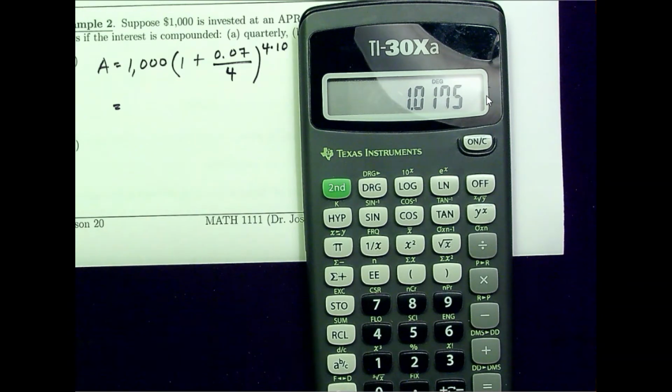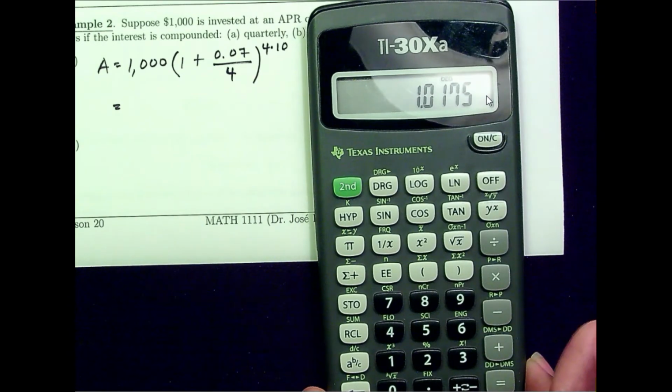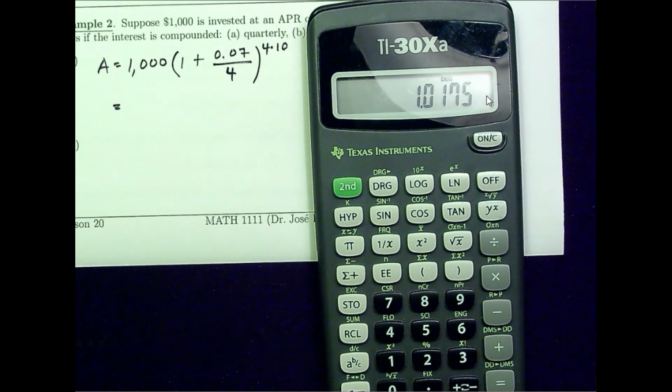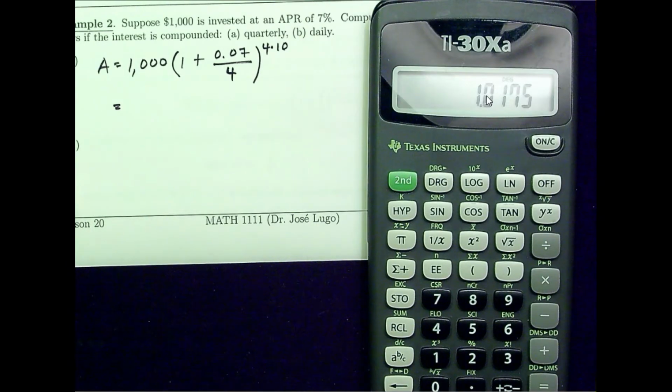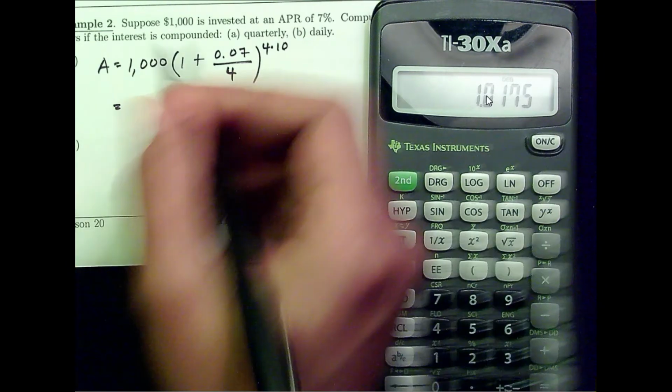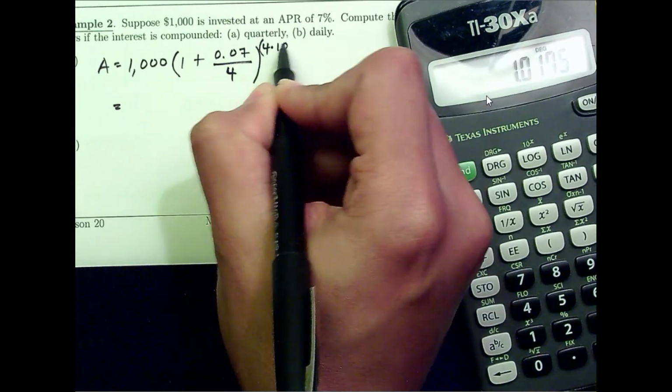However, if I enter 4 and then I press times 10, the calculator is only going to understand that 4 is the exponent. You have to tell it, no, it's the whole thing, the 4 times 10. So when you actually put it in the calculator, you have to put some parentheses around here.